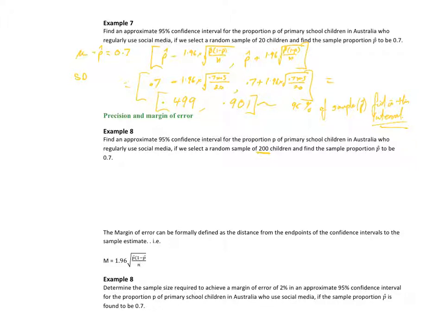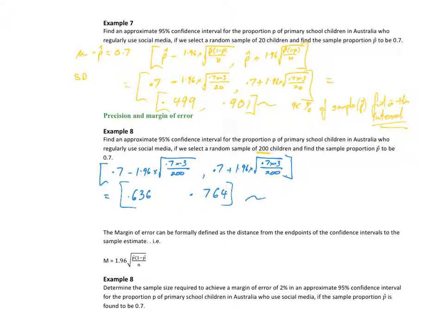Using exactly the same calculations, 0.7 minus 1.96 times the square root of 0.7 by 0.3 over 200, and 0.7 plus 1.96 times the square root of 0.7 by 0.3 over 200, will give me 0.636 to 0.764.